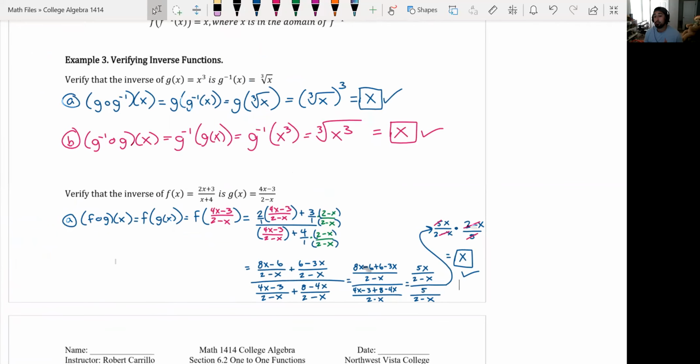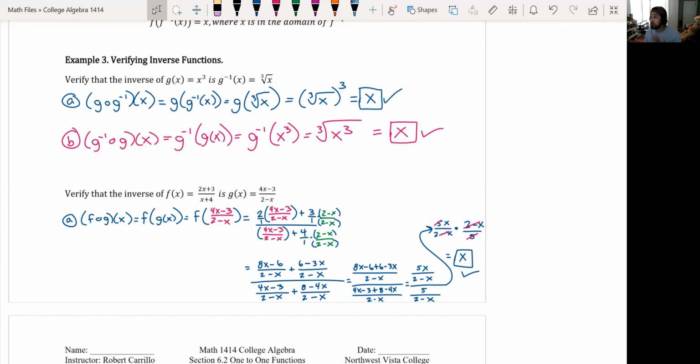So this verifies that f of x and g of x are inverses of each other. Now I said we can get away with this by just showing one route, but I'll leave it up to you, the student, because it's great algebra practice. Try going the other way.